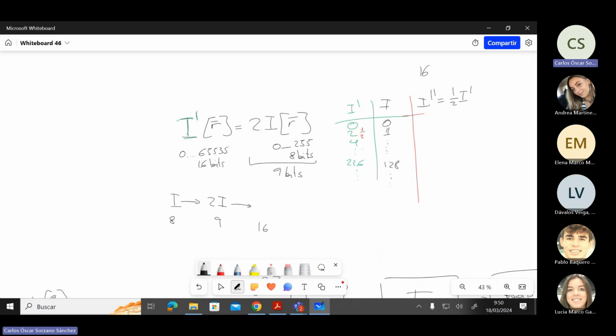So which is this operation? This would be 2 to the power of 16 divided by 2 to the power of 9, multiplied by the previous one. This is I prime, this is I second. This operation is scaling up to 16 bits. And now I want to come back. Which is this operation? So my contrast enhancement is here, but all the others are just to fully exploit my range.